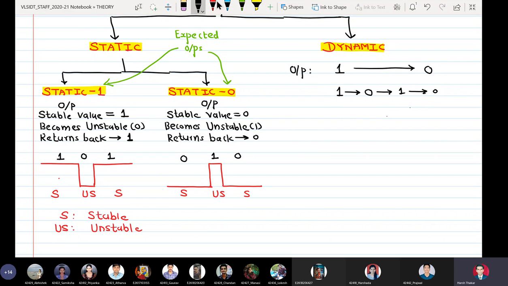Okay, so here there is only one transition. Here there are 1, 2, and there are 3 transitions.